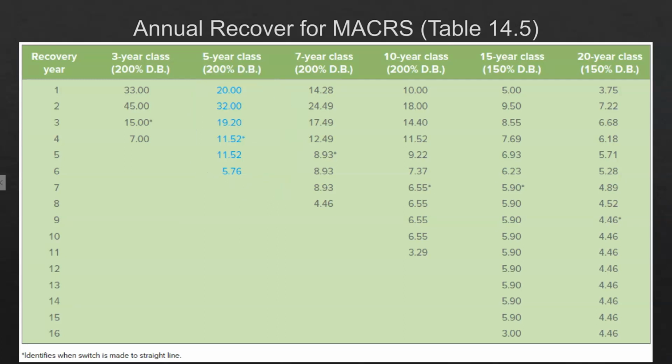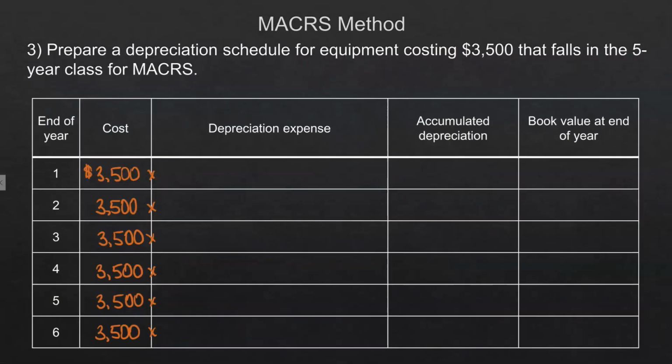I'm going to take that back off there because we can use different numbers. So 20%, 32%, 19.2, 11.52, 11.52, and 5.76. So I'm just going to write these all out in decimal form. And I don't have these memorized, but I am very familiar with them because I've used them many times.